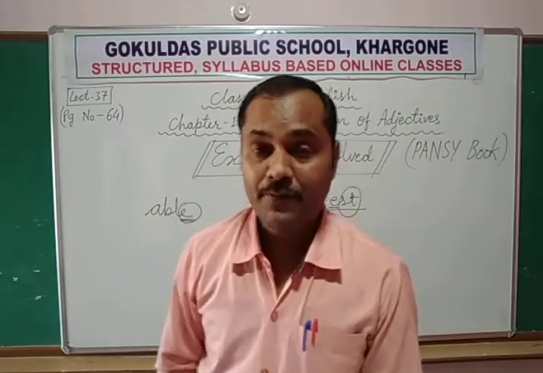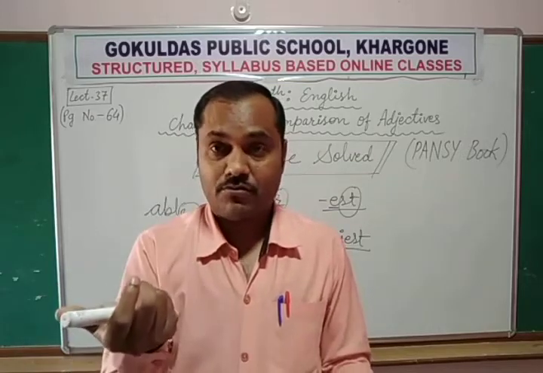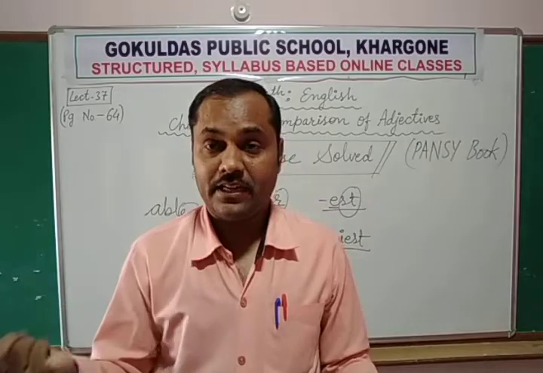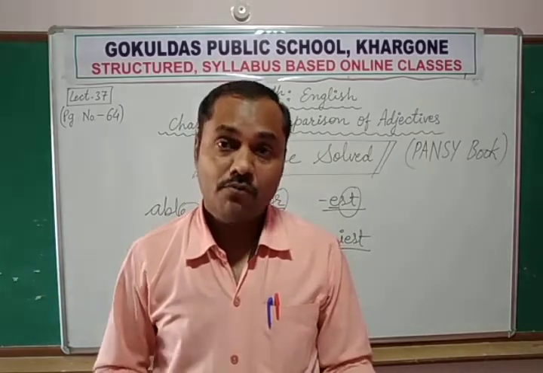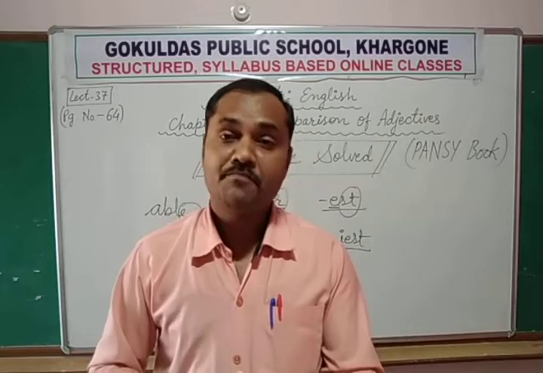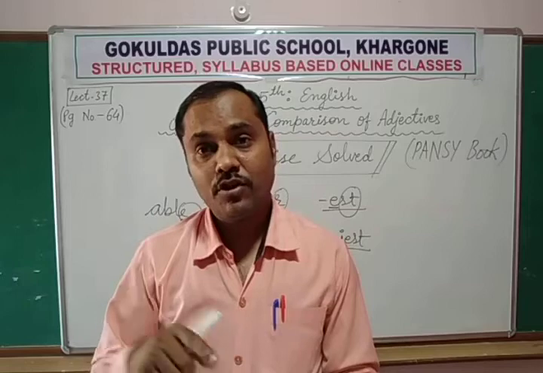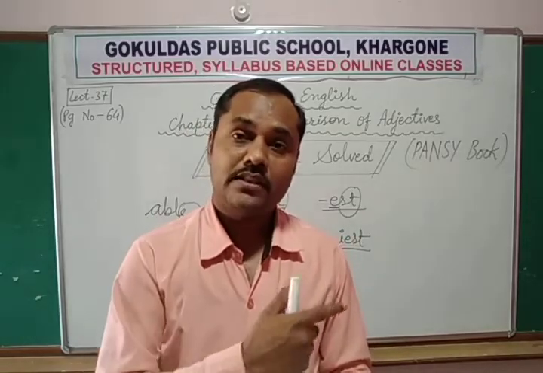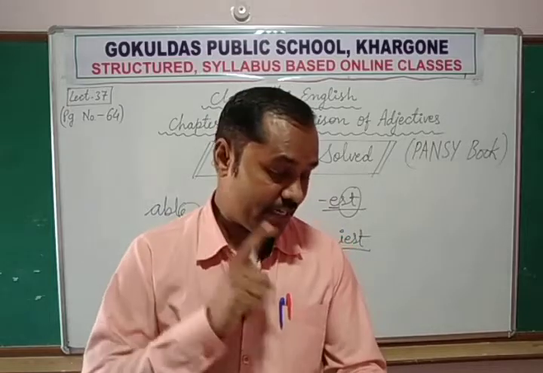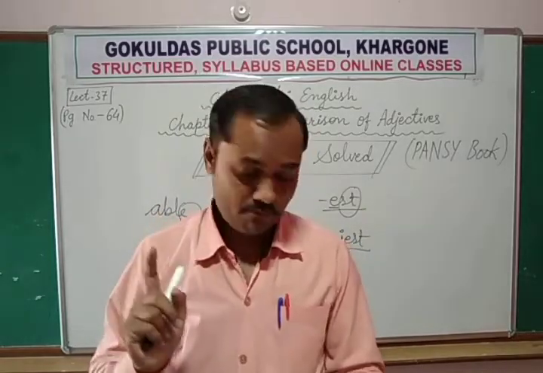Many is used for countable things, just like pens we can count, but water, air, liquid, these we cannot count. Uncountable nouns. For countable nouns: many, then more, then most. And for uncountable nouns: much, then more, then most. For many and much, for both we can use more and most. Okay.